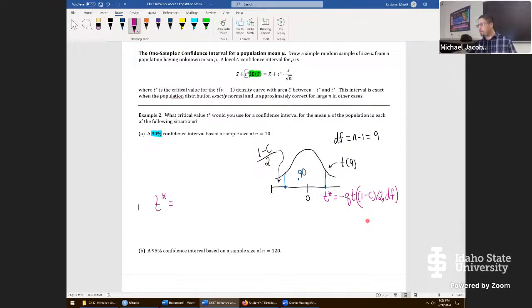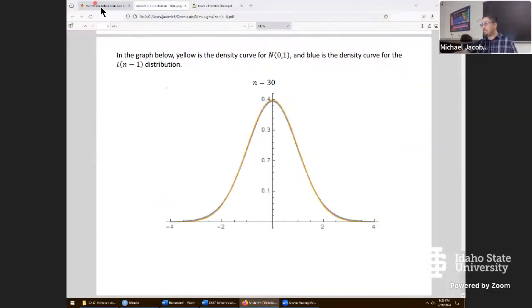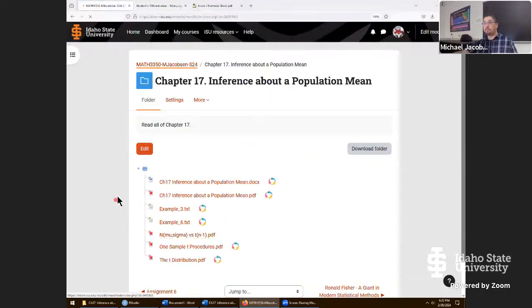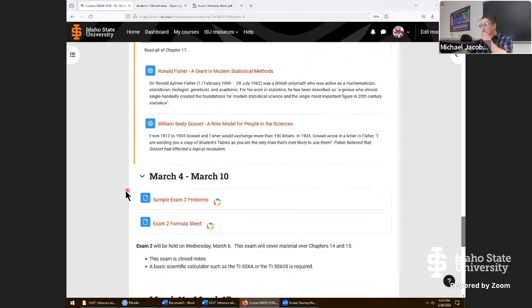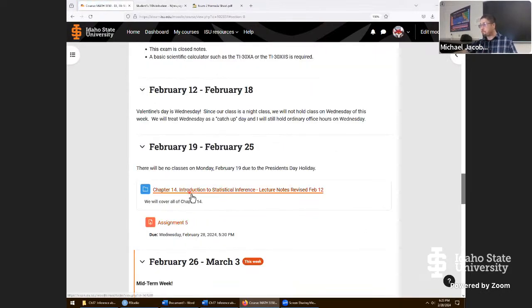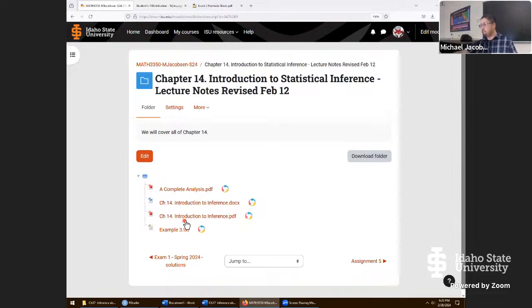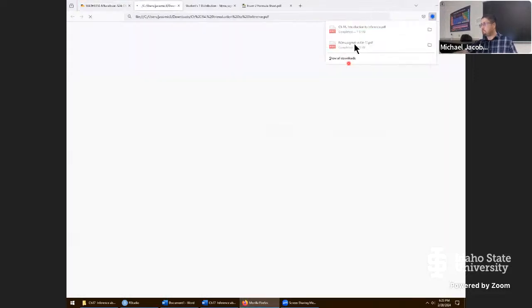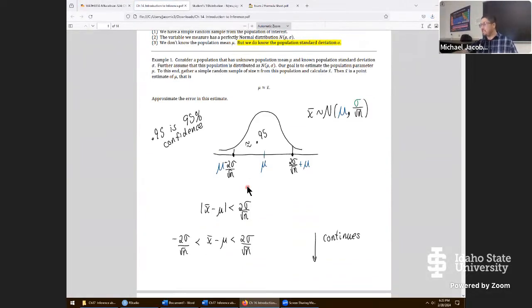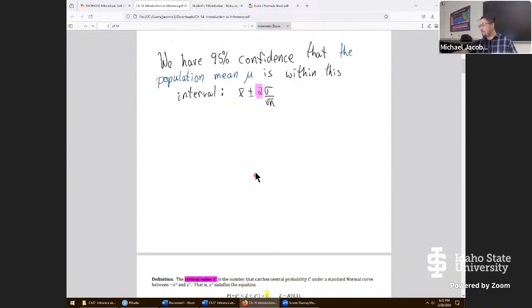Okay, before we go to calculate this one, let's see what we did in the past. At 90% confidence, let's go to chapter 14. Here we were connecting the central limit theorem to our methods.